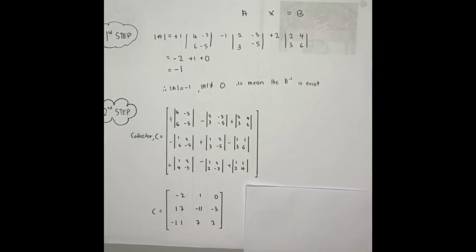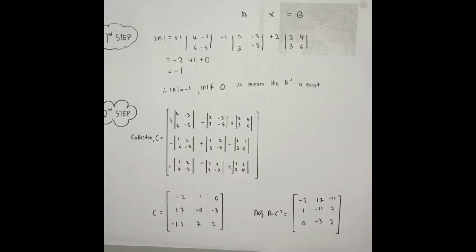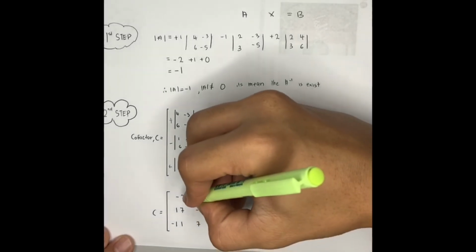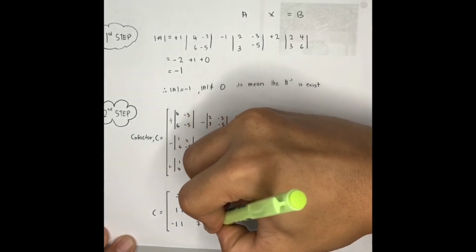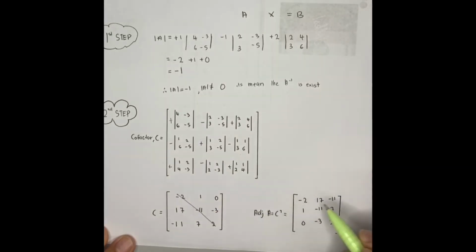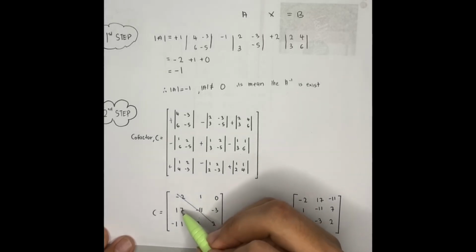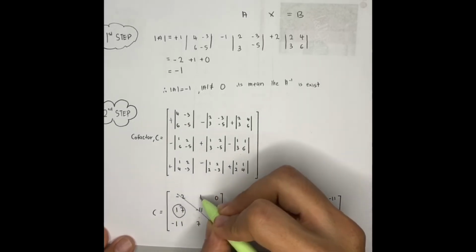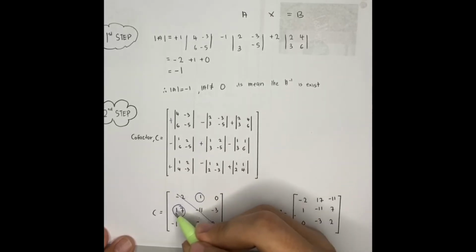Then we need to find the adjoint A, or cofactor transpose. First, you need to cut down this one. This is where you will copy it back. Just negative 2, negative 2, negative 11, negative 11, 2, 2. And then the rest is like this. This one, I will circle it. This one you will switch the place.